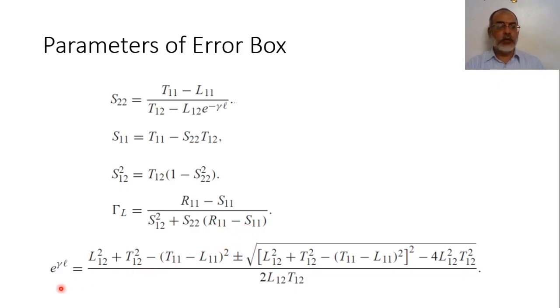So the first term to be obtained is e to the power minus gamma L. Then we obtain S22, and from S22 we can obtain S11 and S12.